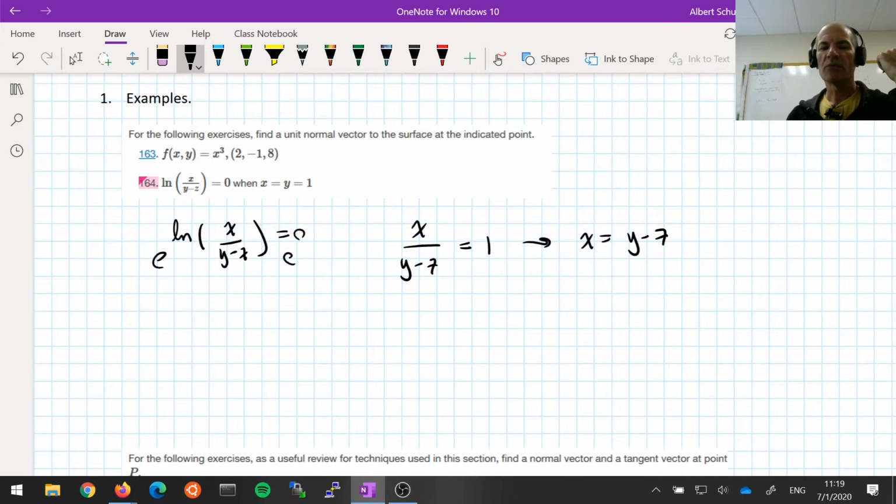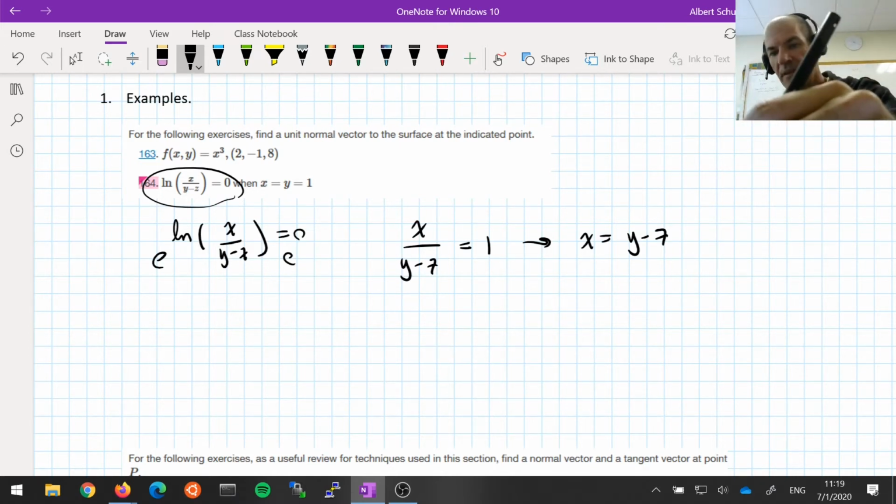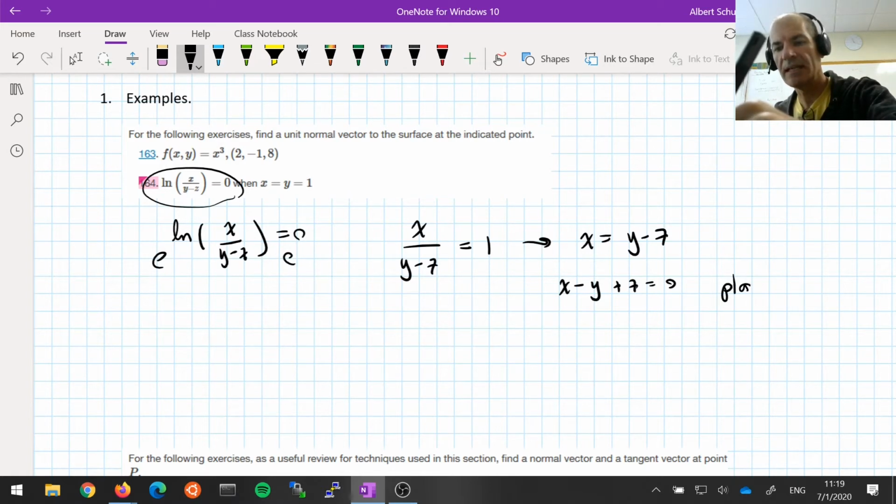What we've discovered is that this perhaps complicated looking expression for some surface is actually just a plane. And we can put it in standard form, x minus y plus z equals 0. This is a plane.